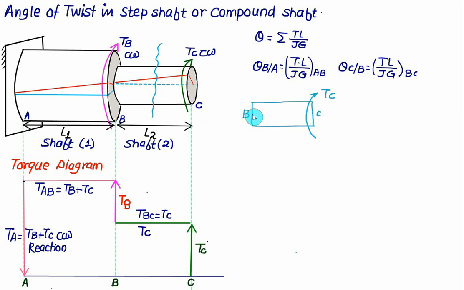Now the total torque applied for BC can be calculated using the summation of the torques. In this case only one torque is applied, so the total torque for BC is equal to TC.